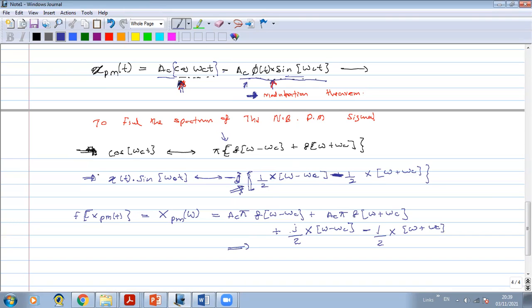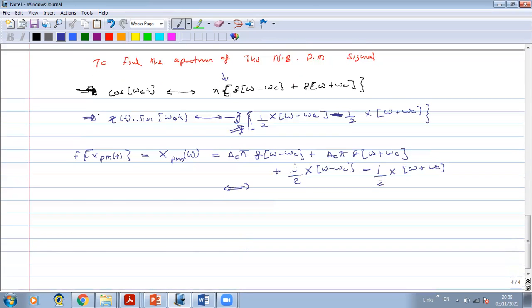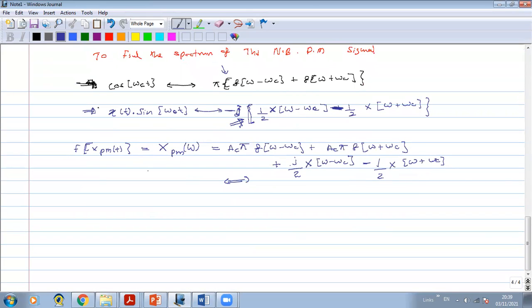So this is our complete spectrum. Normally this term and this term are imaginary terms, at minus frequency.